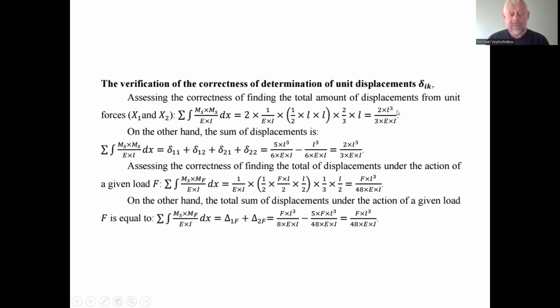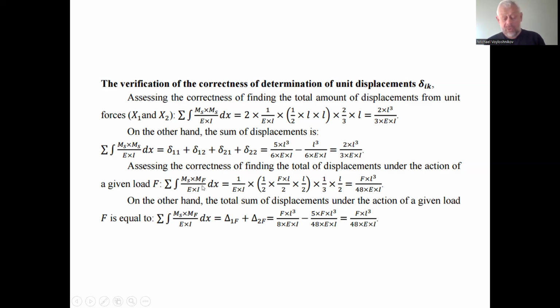And we finally have that the displacement in the S direction under the assumed force in the same direction is the fraction with 2 in the numerator multiplied by L cubed and divided by 3 and the rigidity index.